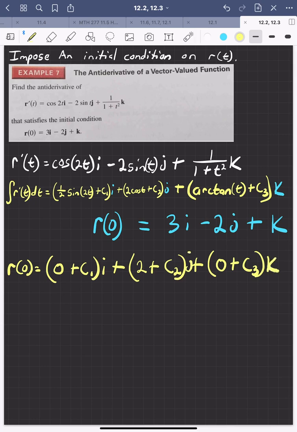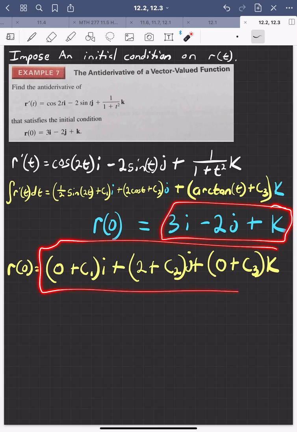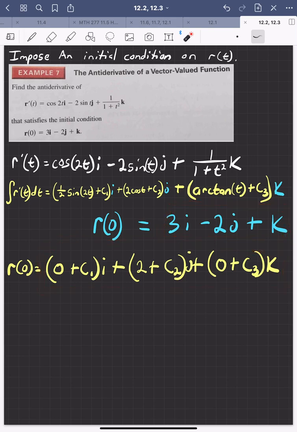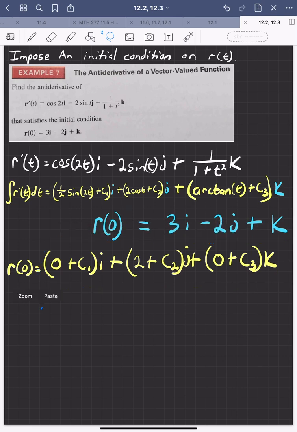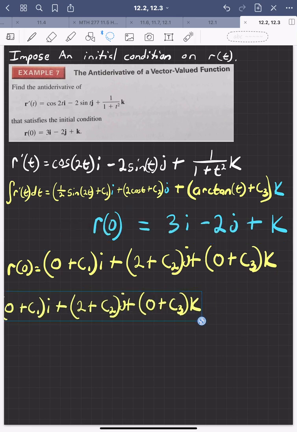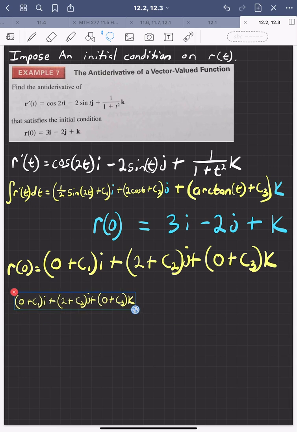And now what I want to do is set these equal to each other and solve for c sub 1, c sub 2, c sub 3.